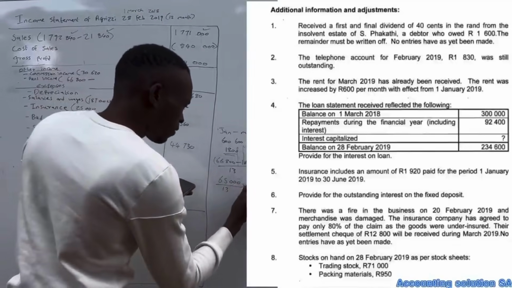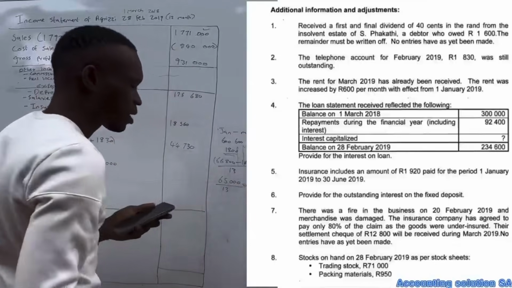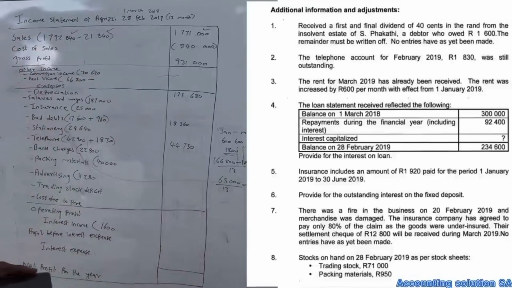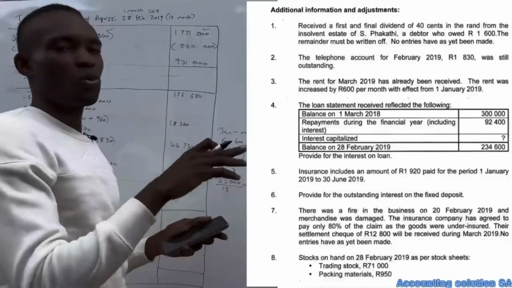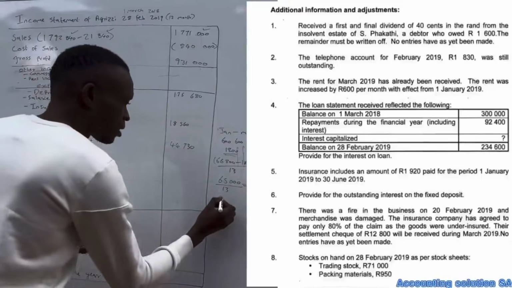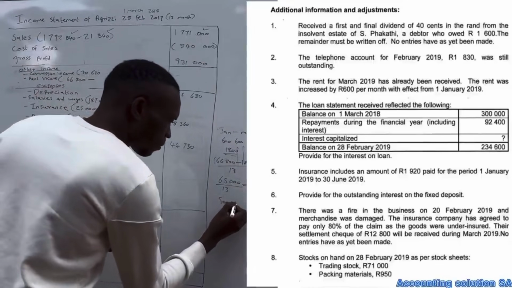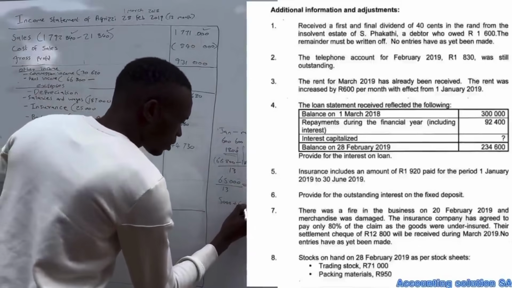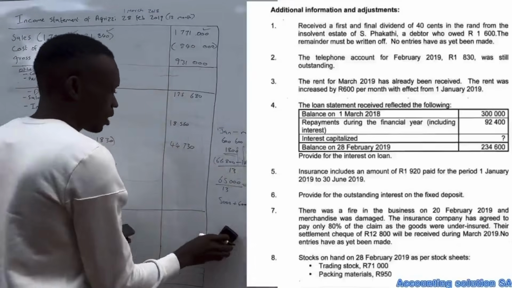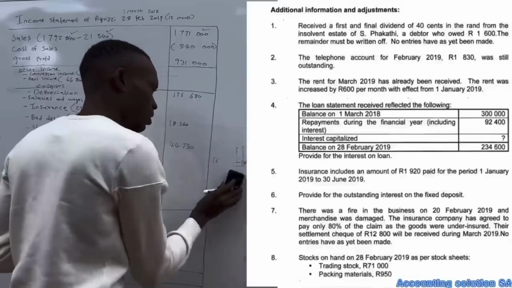It's going to give you 5,000. 5,000 is the monthly rent before increase. Because we are subtracting the month of March, which already included the increase, we must say 5,000 plus that increase of 600, and it's going to give you 5,600. Just like that.